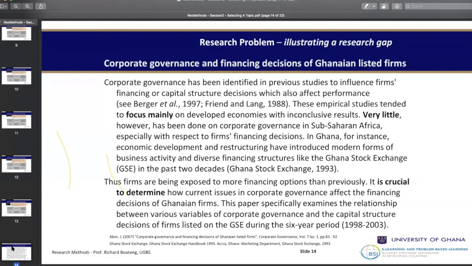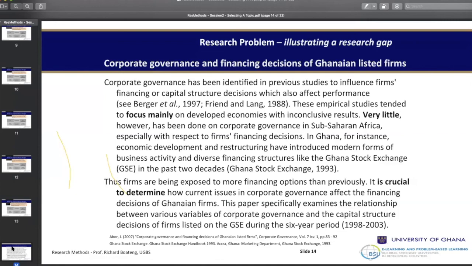Then he goes on to evaluate and say that these studies, which are empirical, have tended to focus mainly on developed economies with inconclusive results. Now, what is he saying here? He's saying that the current studies on corporate governance, which are focused on financing decisions of firms, are all coming from developed countries.